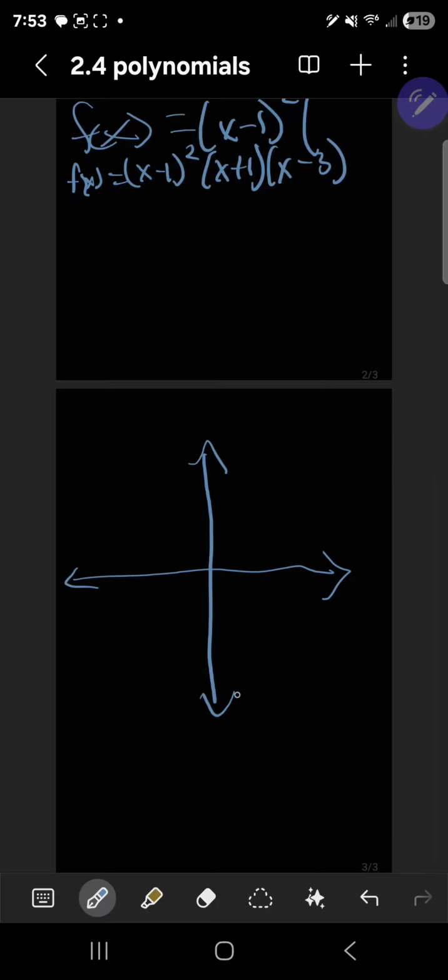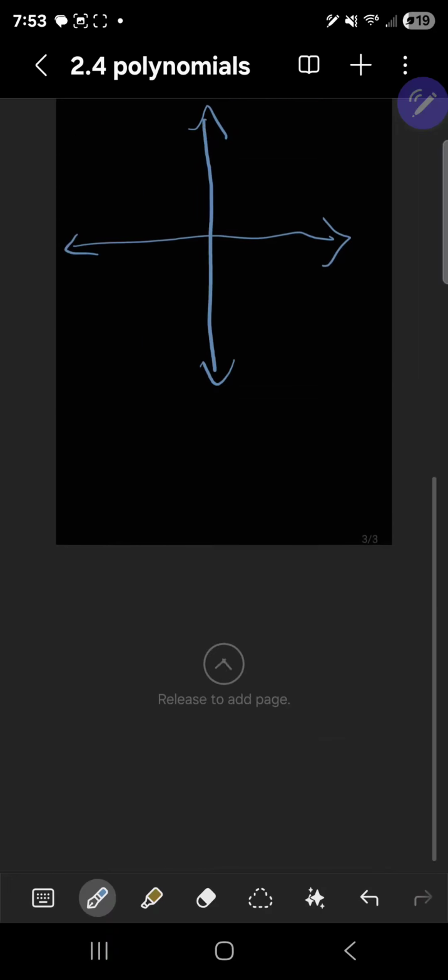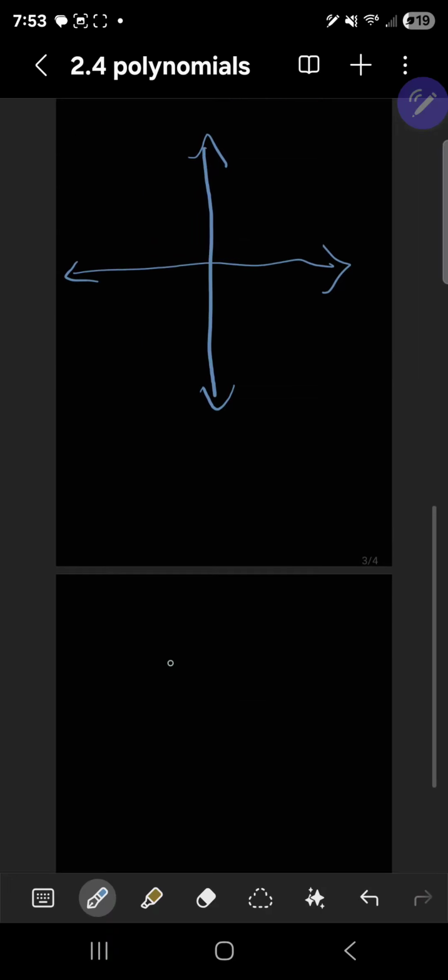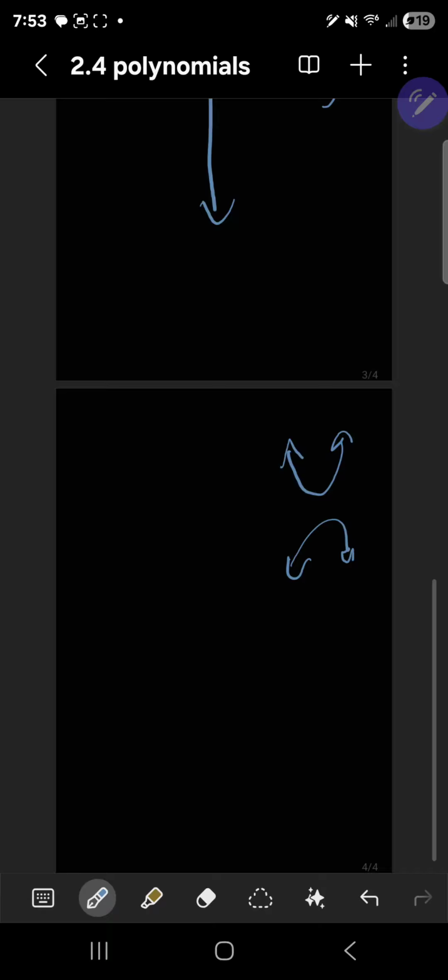So I'm going to draw a graph. There can be 4 options for the graph. It can be with both arrows pointing up, both pointing down, one pointing up and one pointing down like that, or the first one pointing up and the second one pointing down like that.